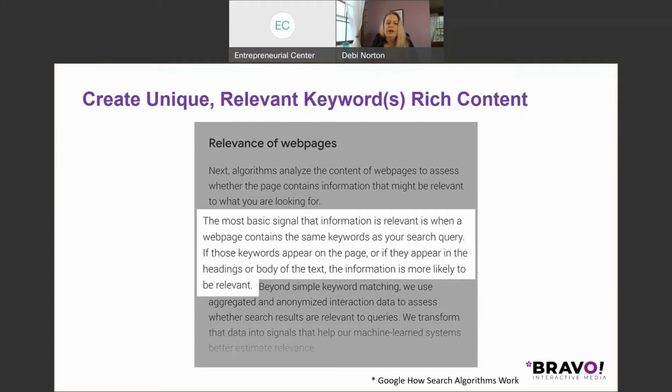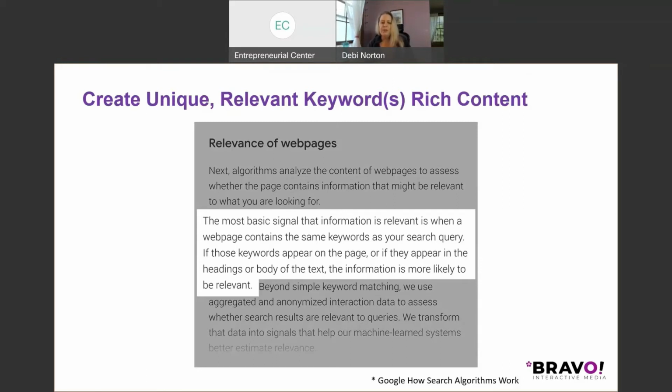So right here, this comes directly out of how Google works. I'm going to read this because this one is really important. The most basic signal that information is relevant is when the web page, blog, or web content contains the same words, the same keywords, as the search query.